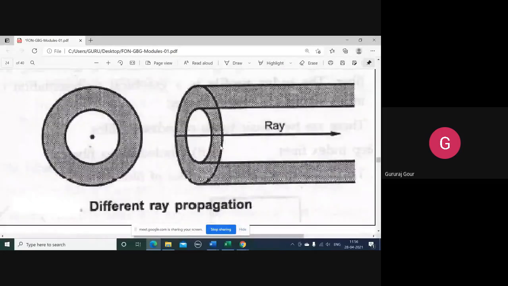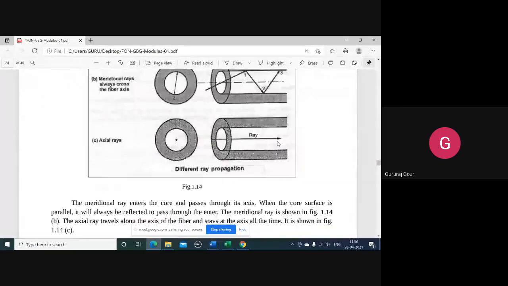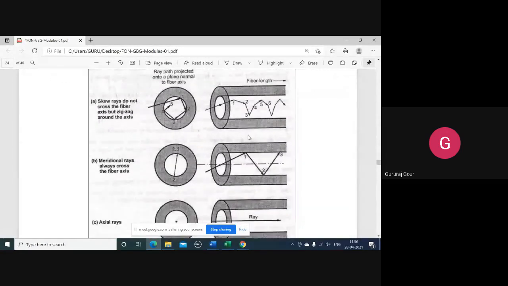Another one that we are getting is a single ray. It is not undergoing any TIR or any kind of reflection or refraction. This one ray goes totally through the fiber axis. That is known as the axial ray. This is the first time we are coming across it. So totally there are three types of rays. In summary, one is the skew ray, which achieves a random path.